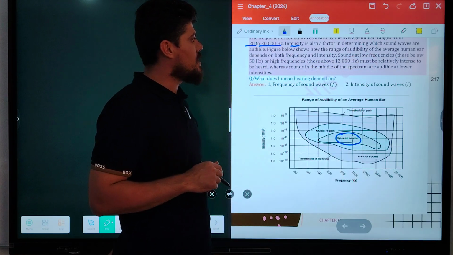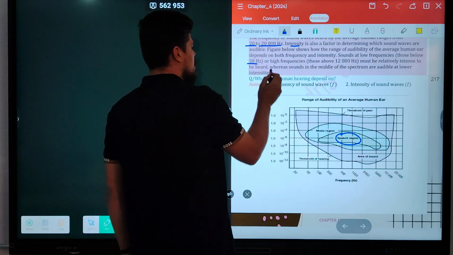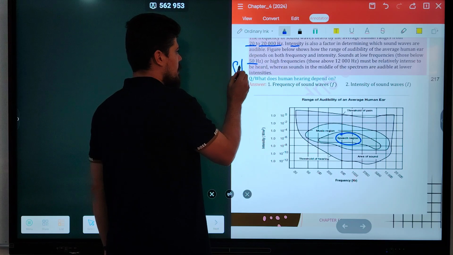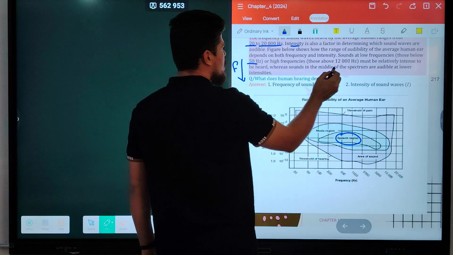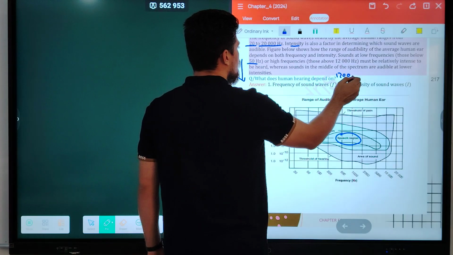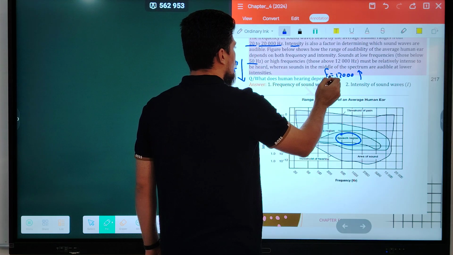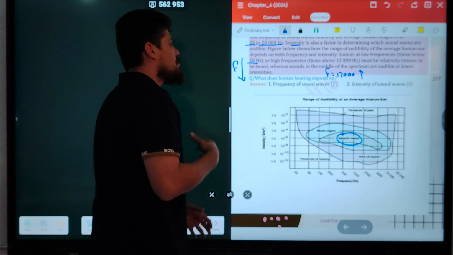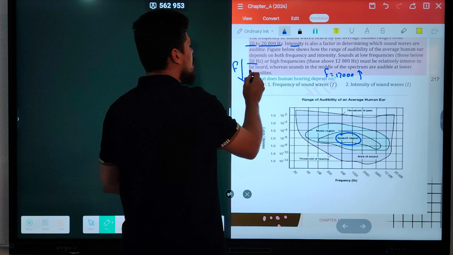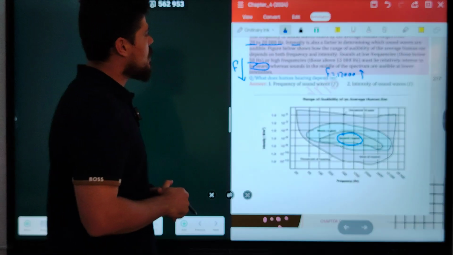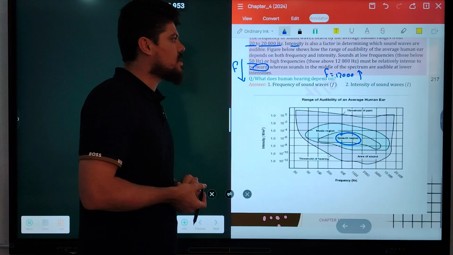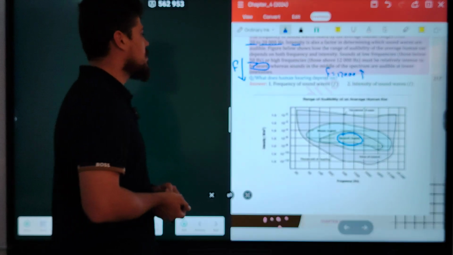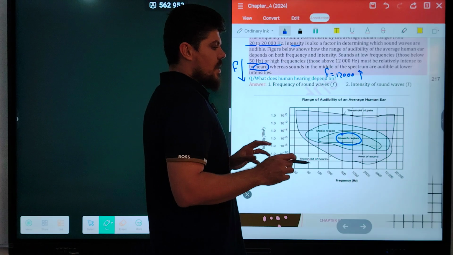Sounds at lower frequency, those below 50 hertz, or higher frequency, those above 12,000 hertz, must be relatively intense, or have more intensity, to be heard, whereas sounds in the middle of the spectrum are audible at lower intensity.